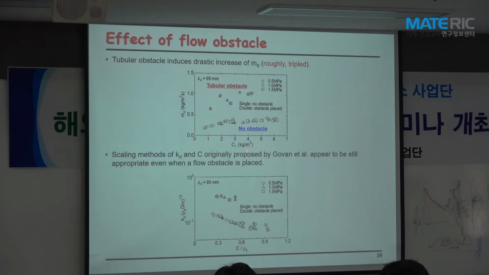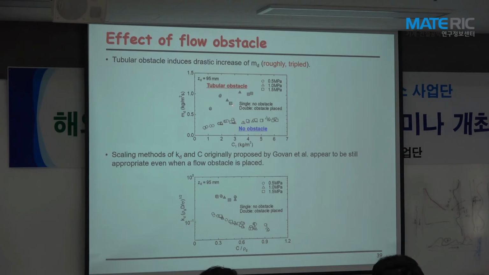With an increase in the concentration, the deposition rate increases. However, if the mass transfer coefficient were constant, MD should be proportional to CF, so the plot should look like this. However, with an increase in the droplet concentration, the mass transfer coefficient decreases. Therefore, the trend is like this.